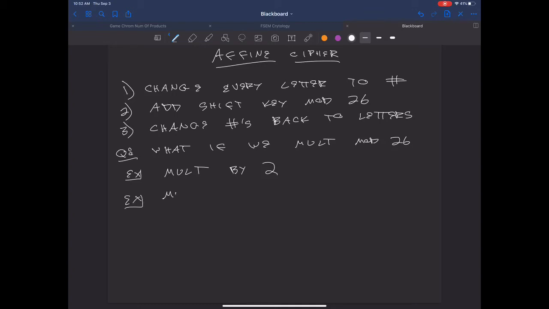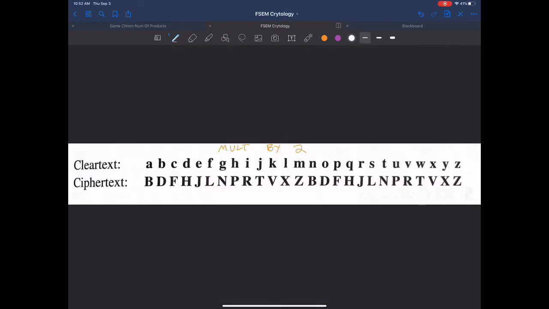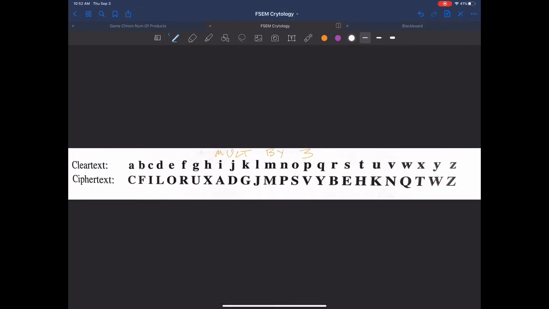What if we instead multiply by 3? Well, we get this one right here. A goes to C, B goes to F, K goes to G, R goes to B, everything works. And if we examine this a little bit closely, we see that everything is being mapped to a unique letter.